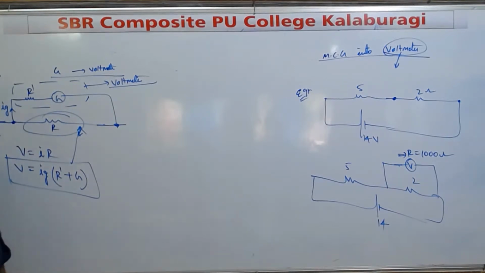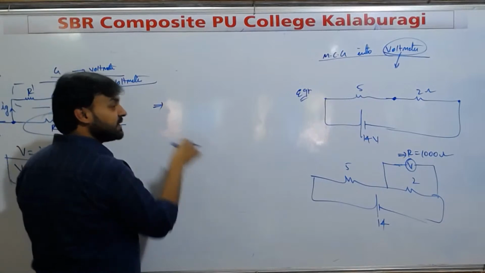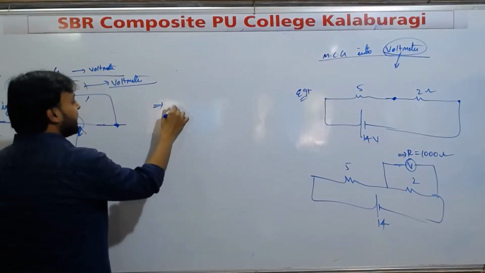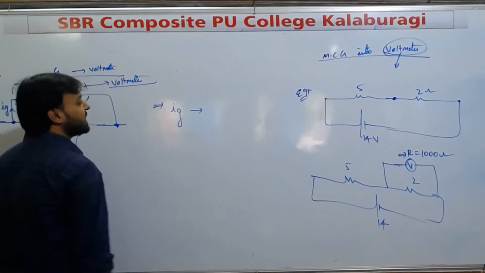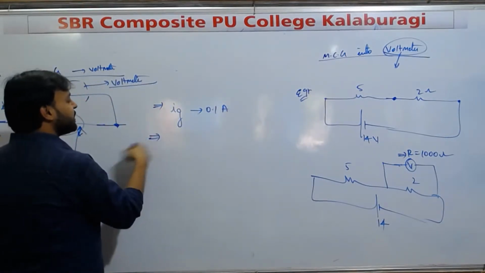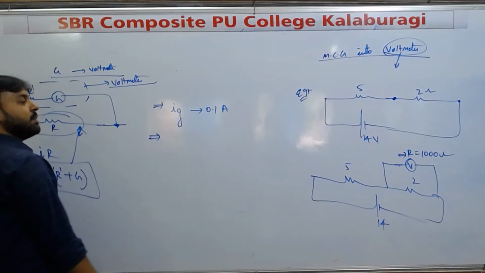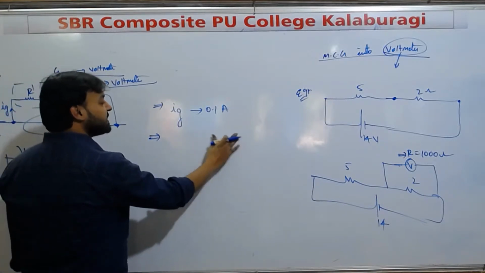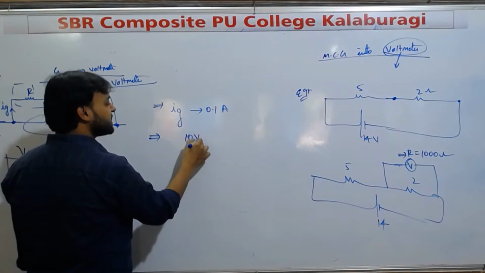That's all. Take a question statement, very possible. The galvanometer can measure a current of 0.1 amperes, and we convert it to have the capacity to measure 10 volts.